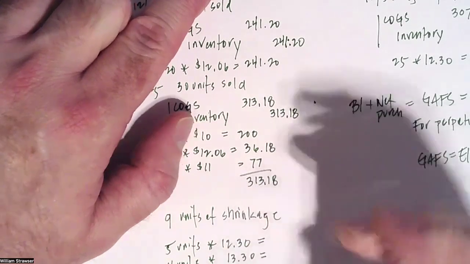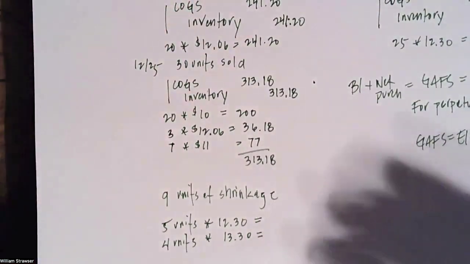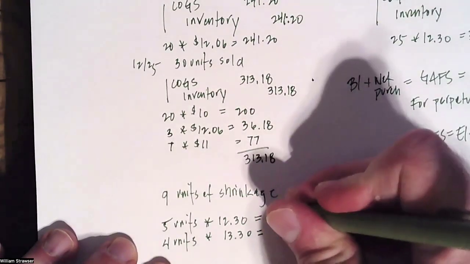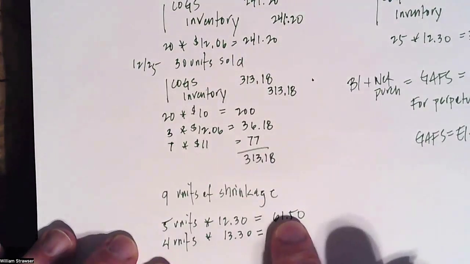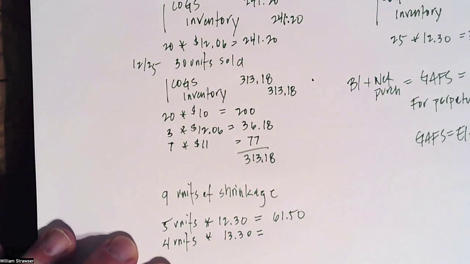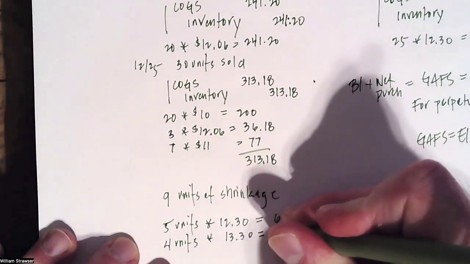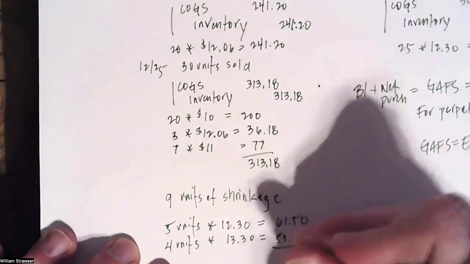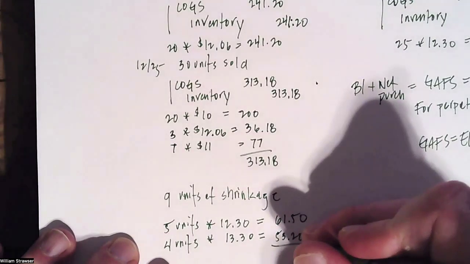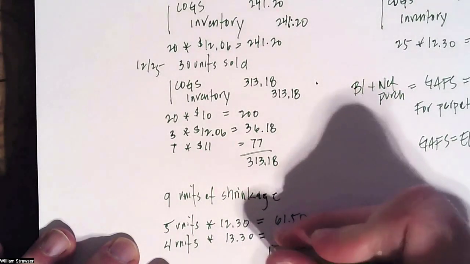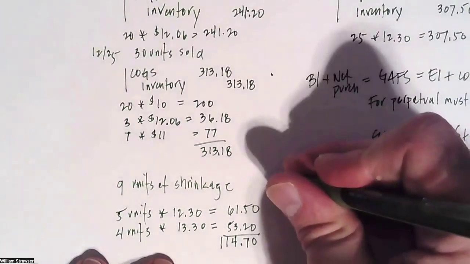So now I have both of my prices per unit. That's going to be $61.50 for the 5. And then for those 4 it is going to be $53.20. So altogether, that gives me $114.70 of shrinkage.